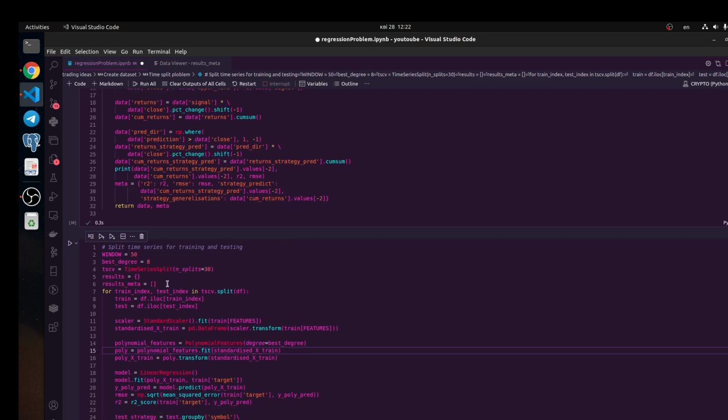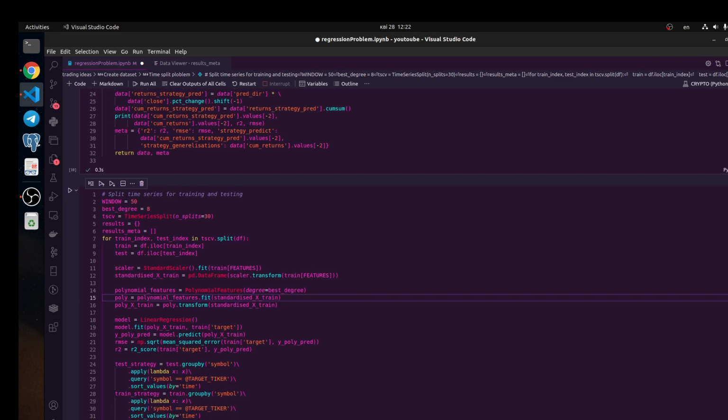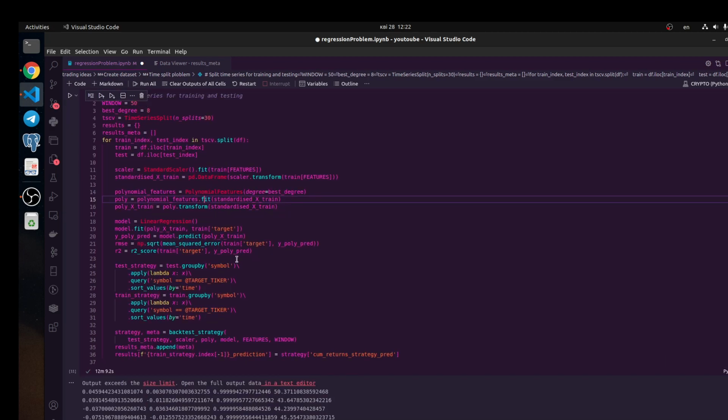Next, I create an empty list of these meta results of our trading strategy, and I push this dictionary into this meta file, because we need to analyze it. We would like to generalize these ideas using 30 runs. It means we run our strategies 30 times on test data to understand whether it's working in general or not. So it takes some time. On my PC it was 12 minutes to run using these parameters.